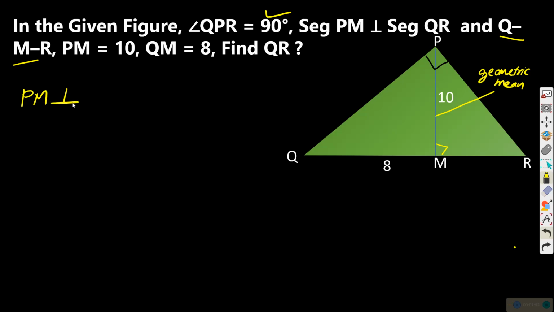I am doing that. It is given that PM is perpendicular to segment QR, and if it is so, we can apply the concept of geometric mean and write that.